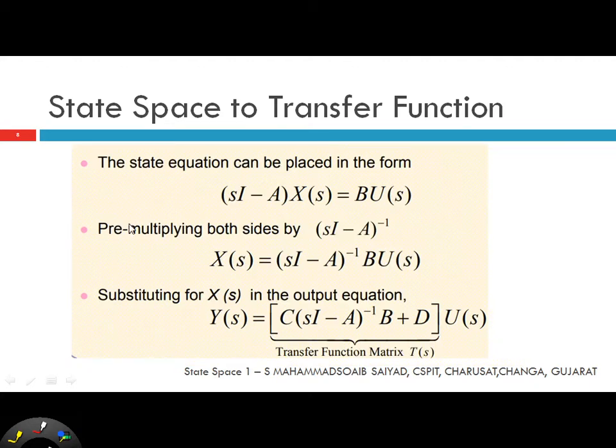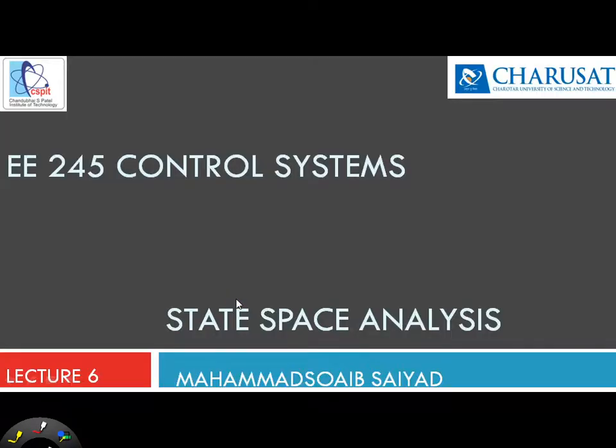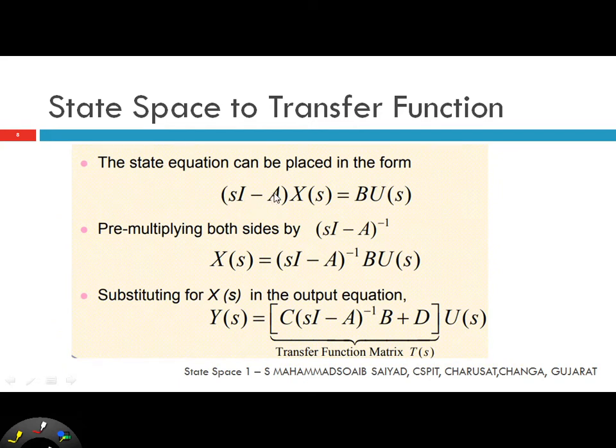Now we have two terms containing X(s), so I will move the A into X(s) term to the left hand side. Taking X(s) common, it becomes (sI minus A) X(s) is equal to B into U(s).